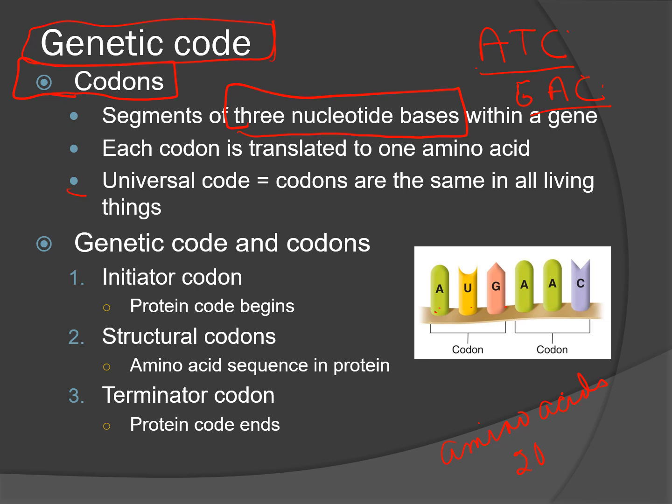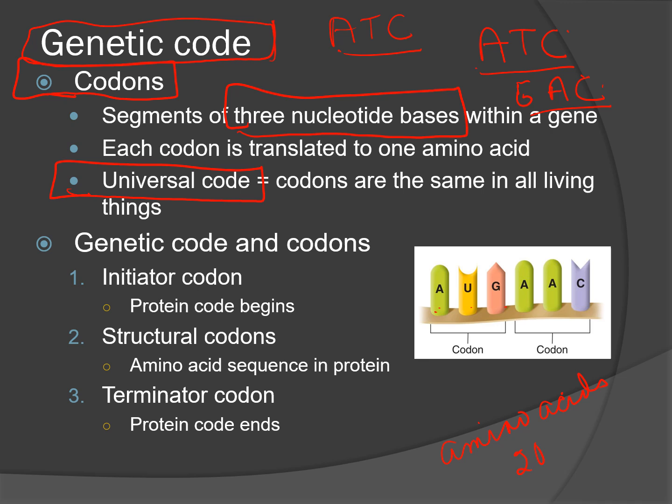That code is called universal, and what that means, we don't really know if it's everywhere in the universe, but everywhere on Earth, the same codons are used by all living organisms. So whatever amino acid ATC represents, it's the same whether you're an E. coli or a fish or a flower or a human.